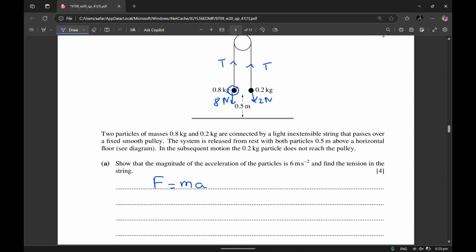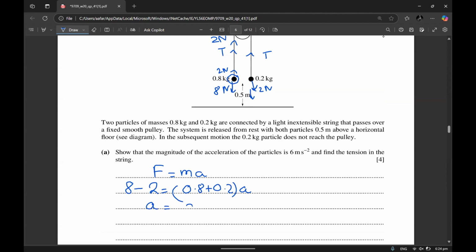So we basically put F is equal to ma of the whole system. Let's say this is the forward force 8 Newton minus the force which is this 2 Newton, since it's acting downwards and it's the same string, so it will also act over here as well, right? So we can say 8 minus 2 is equal to the mass of the whole system times a. This is very important. I used to mess this up a lot. Okay, so what you get is 6/1.